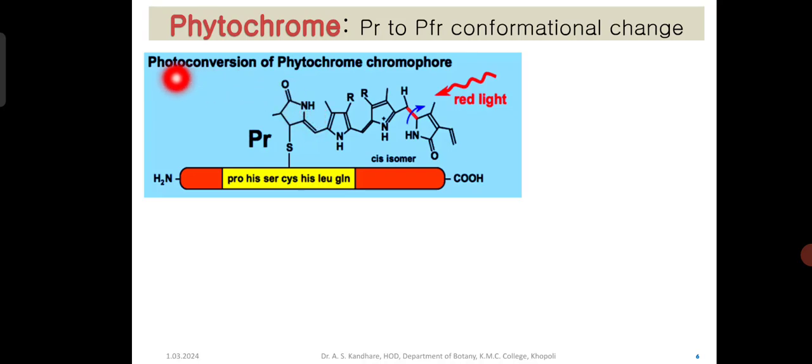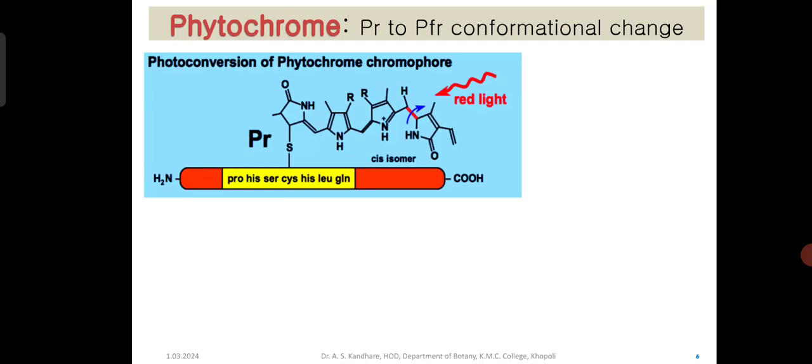Now here you can see this photoconversion of phytochrome chromophore. Here you can see this light is hitting this molecule, and this molecule shows conformational or structural change. Here you can see this is the specific bonding, and this bonding is altered because of this red light incidence, and the conformation is altered.